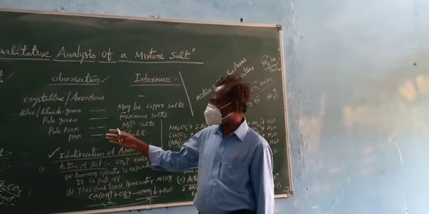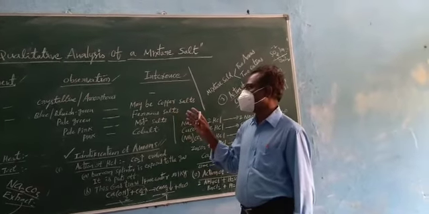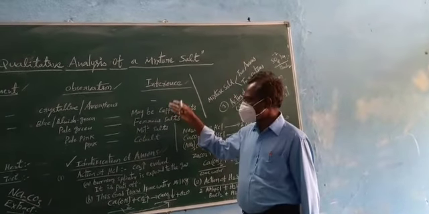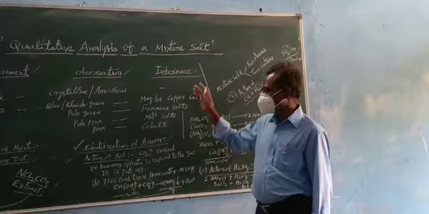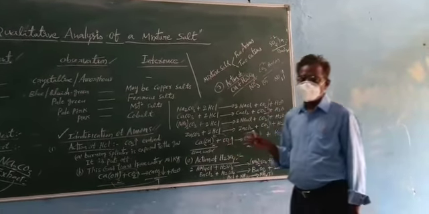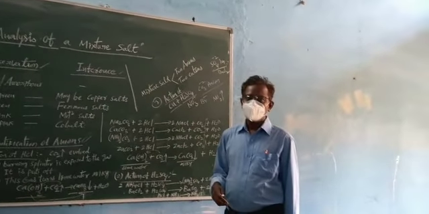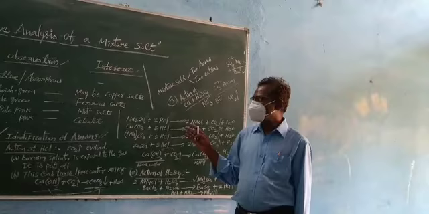Based on the observation, what main ion is present, you mention under the inference column. So up to here you do the identification of anions and confirmatory test for anions.